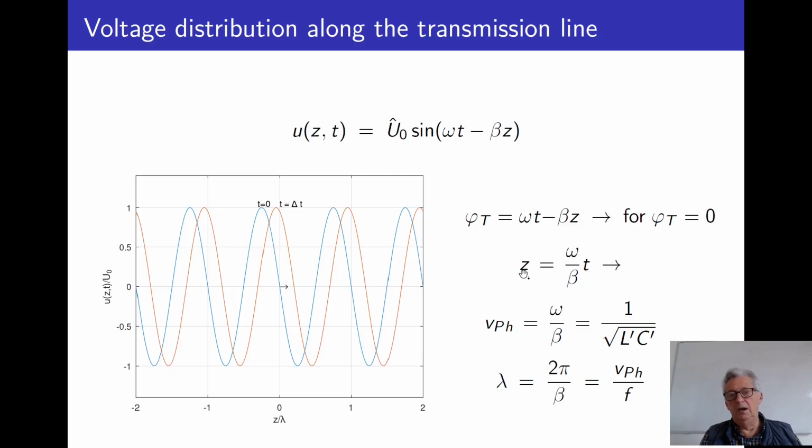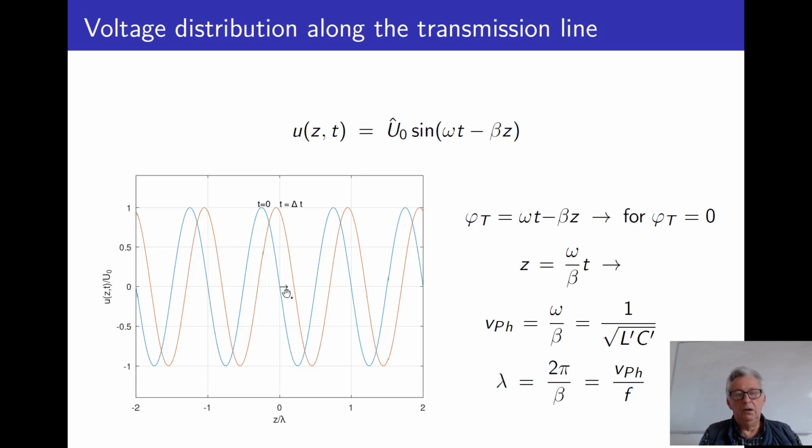So you see, this point will propagate in the positive z direction, and this is a velocity, the so-called phase velocity. So this function now describes a wave propagating in the positive z direction with this phase velocity.